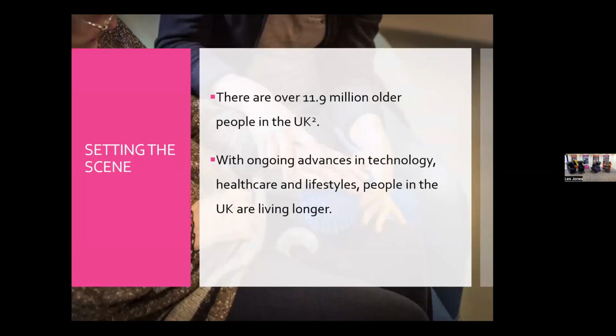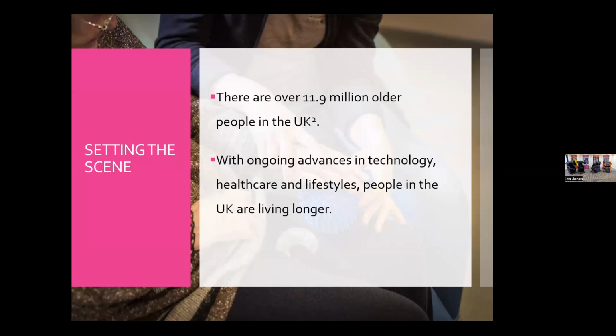Okay, the term older person can be used to describe an individual aged 65 and over, and there are over 11.9 million older people in the UK. So what we're seeing now with ongoing advances in technology, changes in healthcare and lifestyles, people in the UK are living longer than they might have in years gone by.